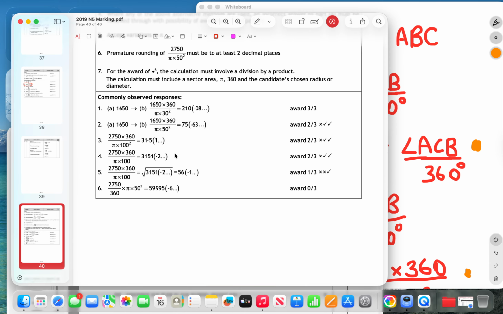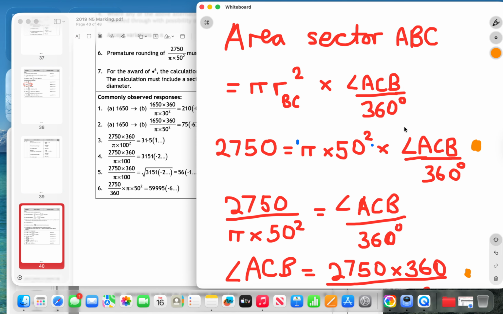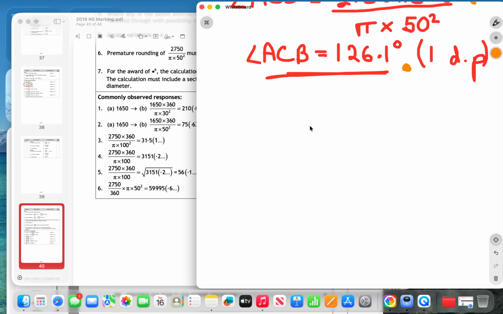So that was the first common mistake. The next one is people who accidentally substituted the formula for the arc instead of the sector. Remember, the arc is the distance round the circumference of the proportion of the circle.